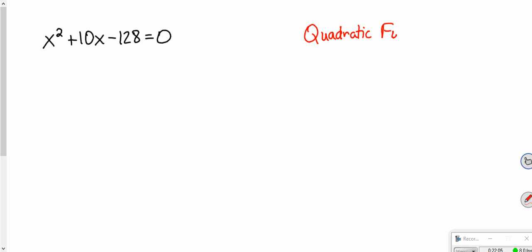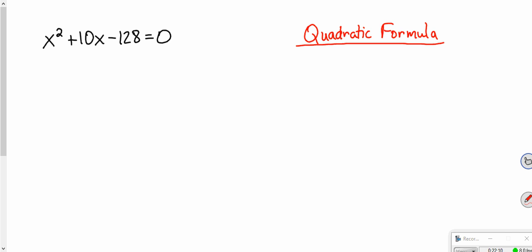So here, I'm going to go back to black here. So we have x squared plus 10x minus 128 equals 0. Now, quadratic formula. I'm going to put it in red over here. Just blast from the past here, or this may be brand new to some of you guys.